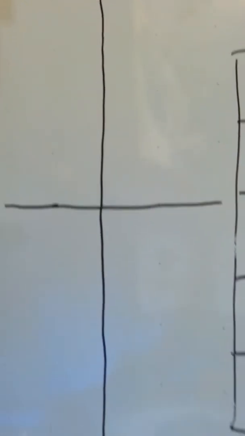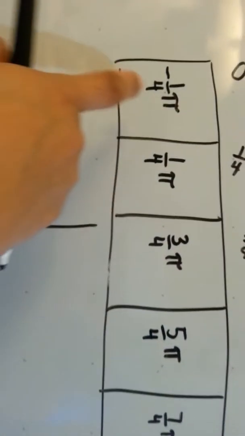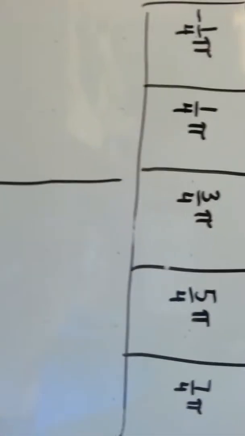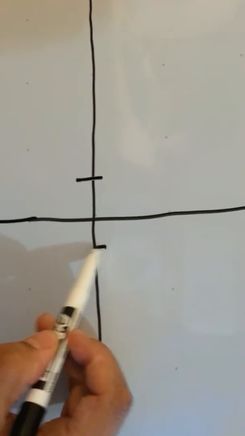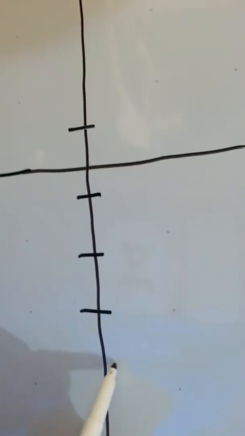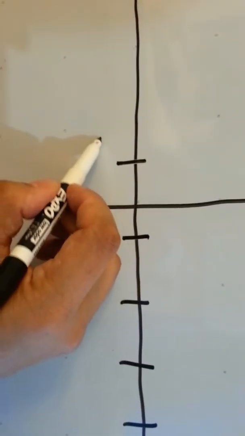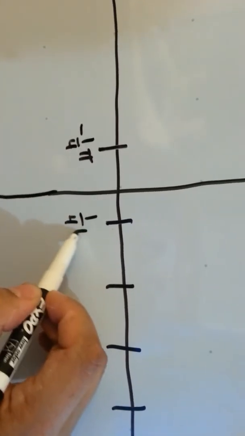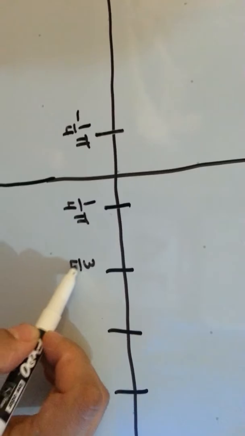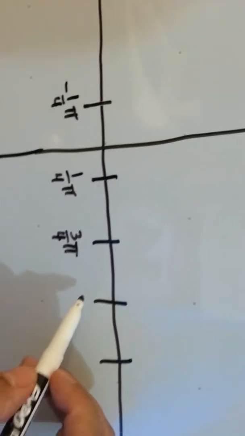Alright, so you start with an x and y axis and you look at your x values. One is negative, the other ones are positive. None of them are 0, so this does not go through the origin. So 1's negative, 2, 3, 4, 5. There are 5 numbers. I'm going to write them. Negative 1/4 pi, 1/4 pi, 3/4 pi, 5/4 pi.